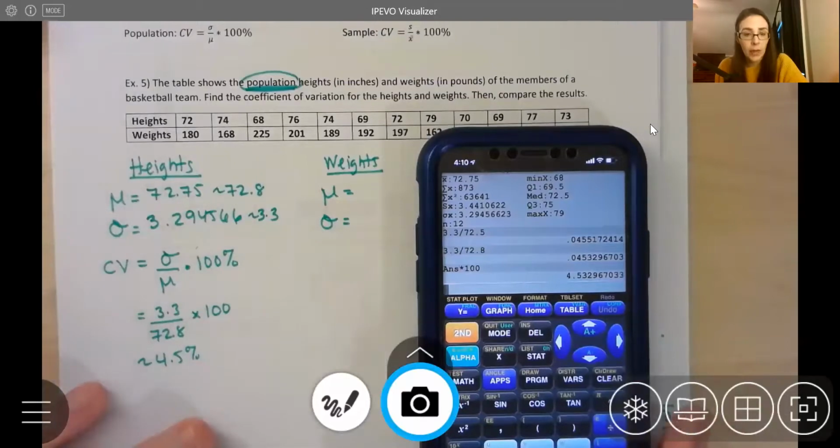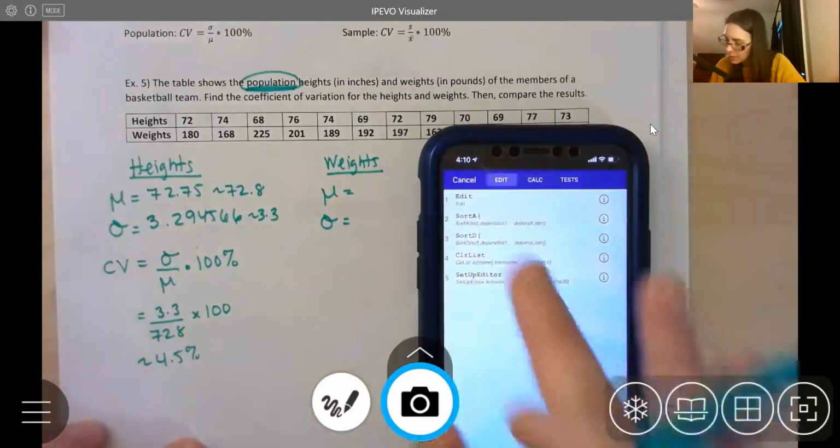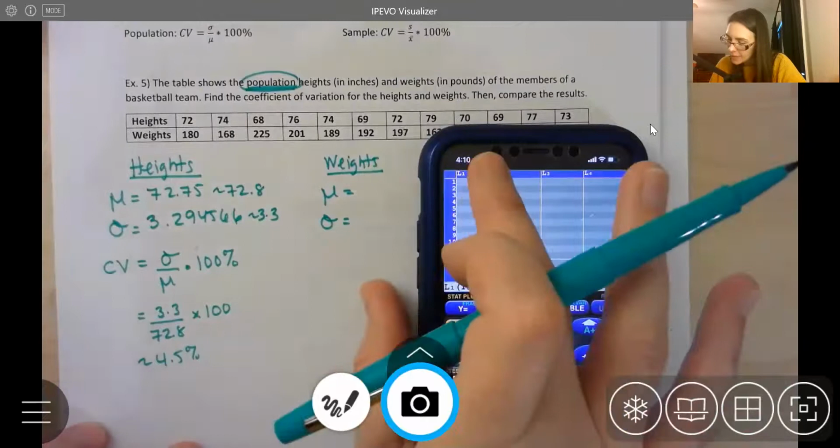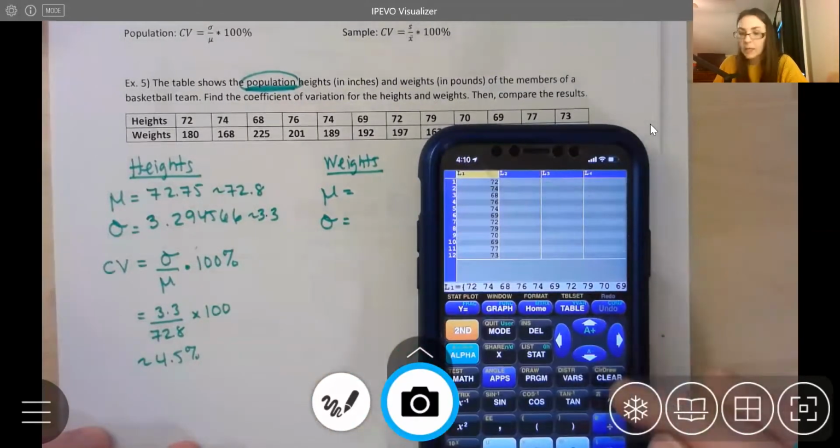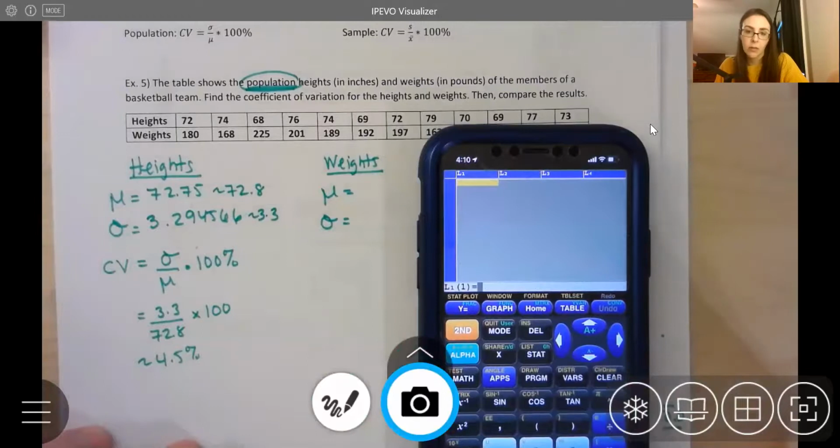Now I'm going to do the same thing for the weights. I'm going to go back to my data and stick with list 1. If I highlight the list up top and hit clear, don't hit delete, hit clear, and then hit enter, it will clear that list for me and I can start over fresh.